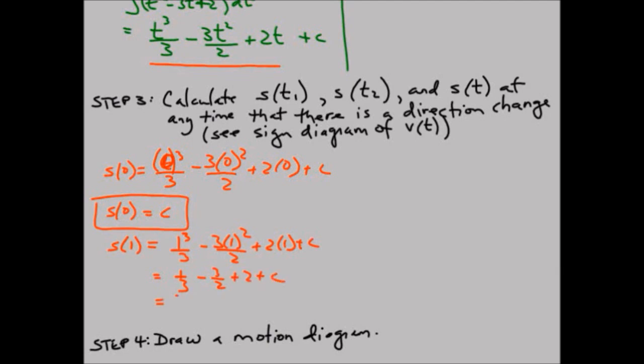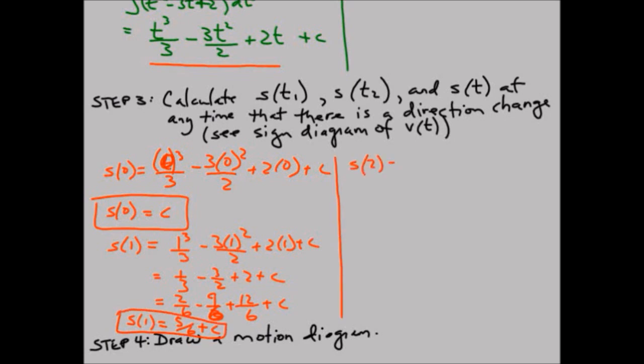Common denominator of 6, so 2 over 6 minus 9 over 6 plus 12 over 6 plus c, which is 5 over 6 plus c. So s of 1 equals 5 over 6 plus c.